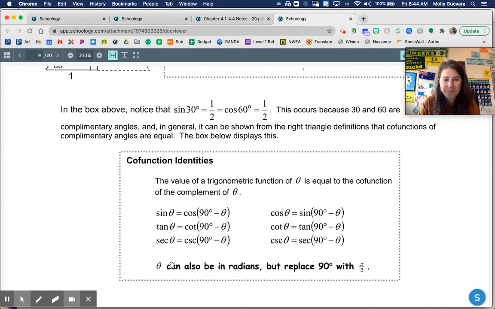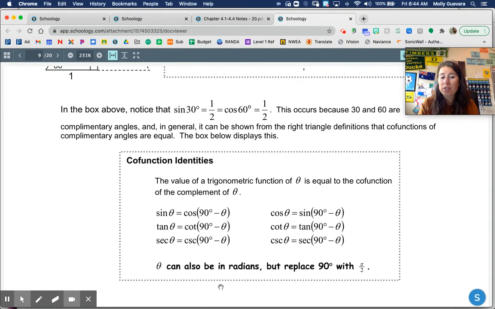So right here, okay, sine of whatever is equal to the cosine of 90 degrees minus that. So sine of 10 degrees is equal to cosine of 80 degrees. And cosine of 10 degrees is equal to sine of 80 degrees. They can switch. Same thing for tangent and cotangent. Okay. And then same thing for secant and cosecant.